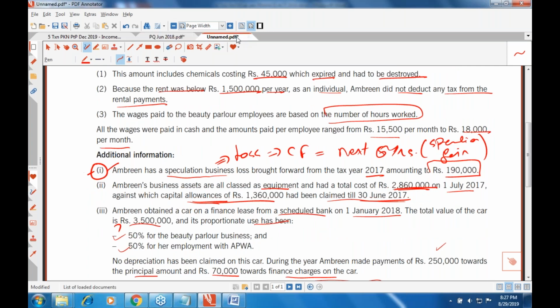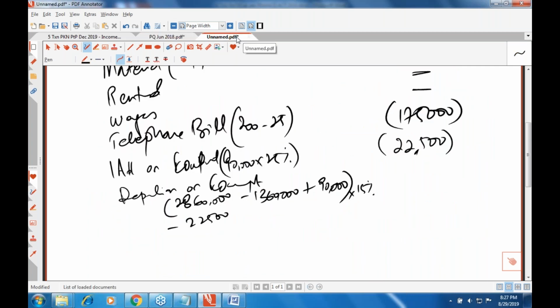So if you look at it, it's 1,567,500 multiplied by 0.15. So the depreciation is going to be 235,125.